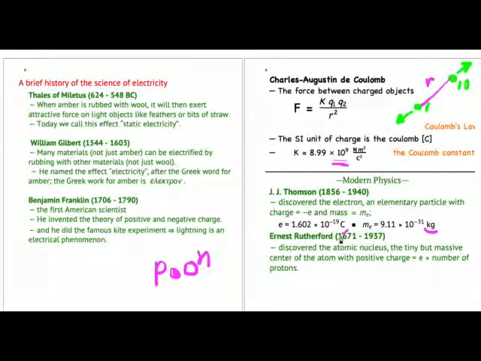So this must be 1871 to 1937. It was Rutherford who discovered the existence of the atomic nucleus. At the center of every atom, there's a tiny but massive particle, which we call the nucleus. It's some combination of protons and neutrons, depending on the mass, the isotope, the atomic number.